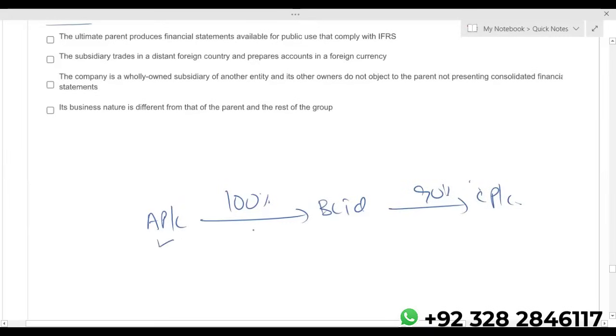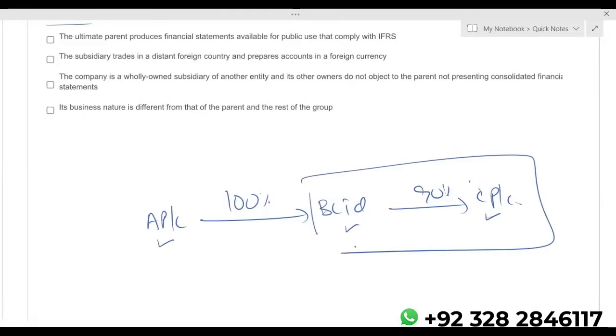One is A, B, and C. But there's one more group, B and C. So ideally there should be two groups of accounts. One is prepared by A PLC, which represents ABC. Another is B and C only. But there's a possibility of B Limited getting exemption from preparing group accounts.